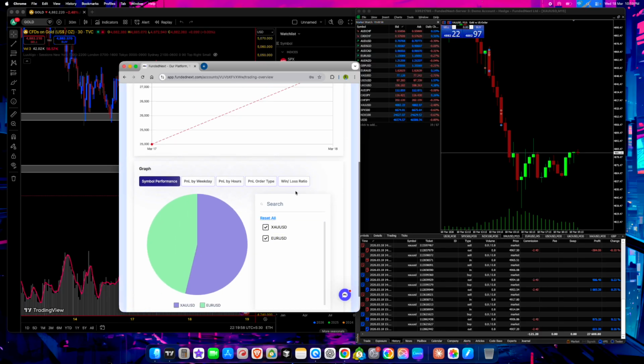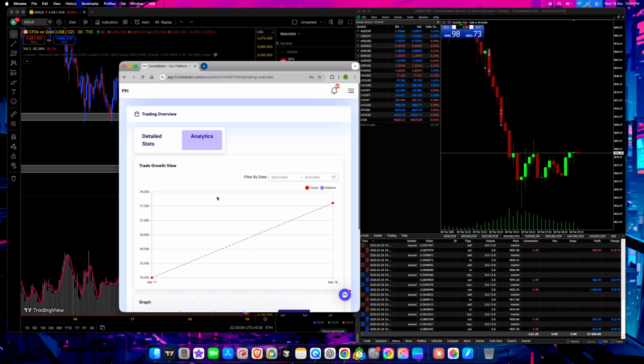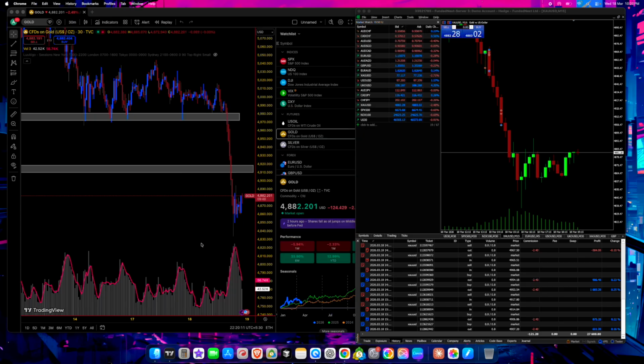If we jump into the win loss ratio, this is the loss ratio and this is the win ratio. So let's jump into the trade breakdown, what actually happened in the market.